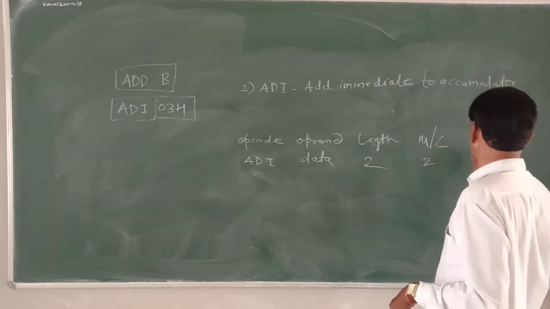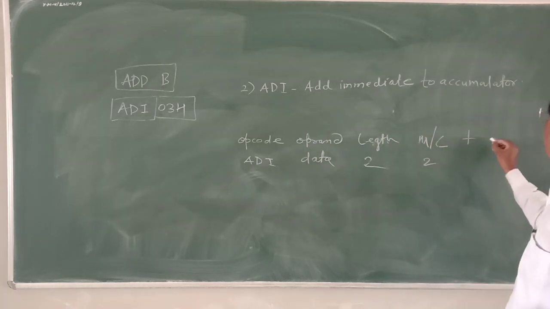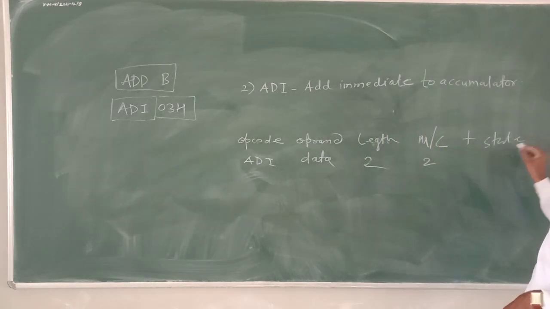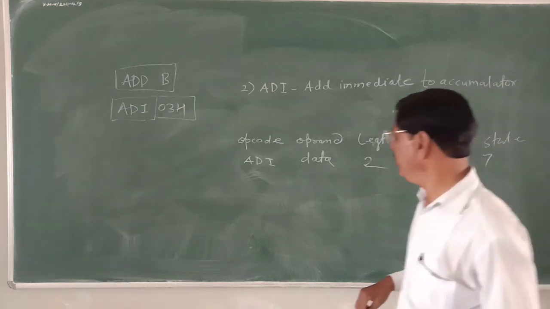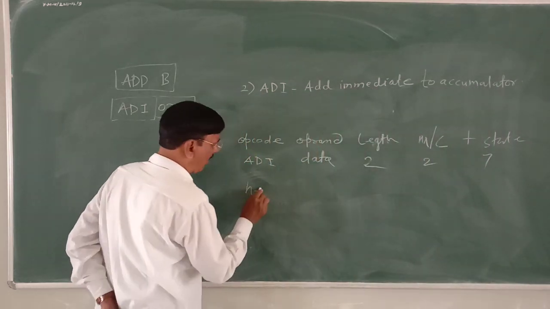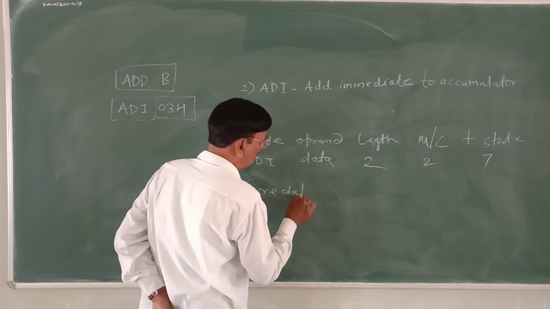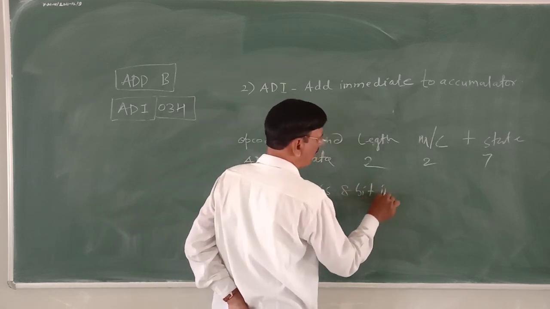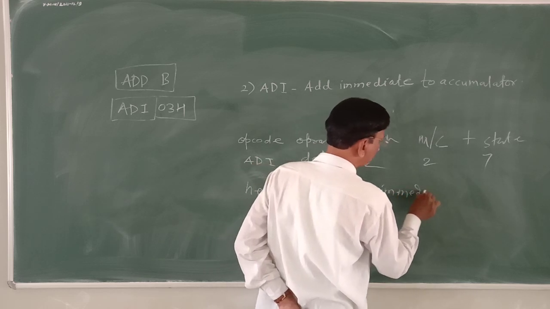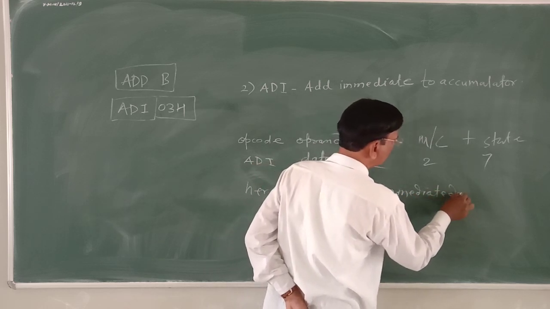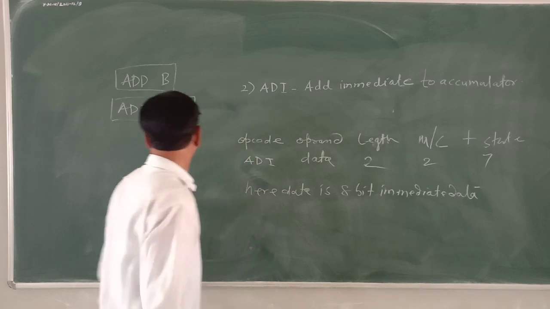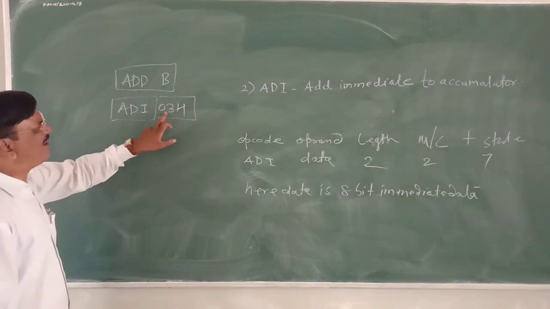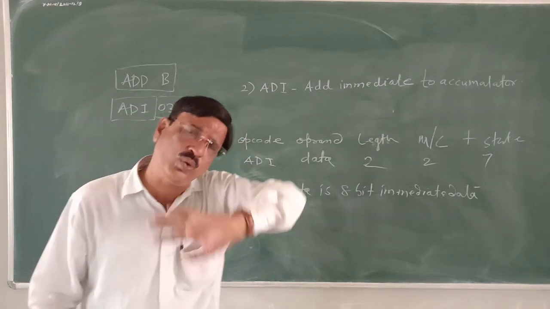Thus the number of machine cycles will be 2 and T states will be 7: opcode fetch, memory read. Here the data is 8-bit immediate data, any immediate data from 00 to FF.